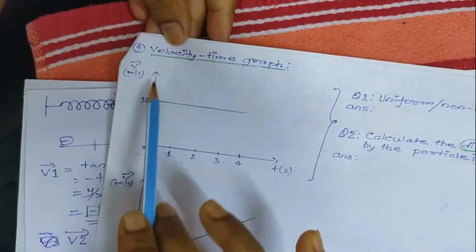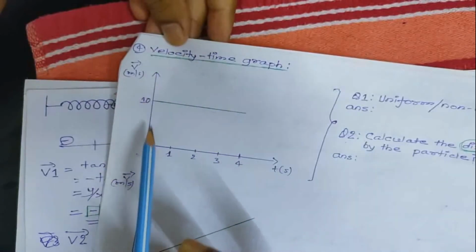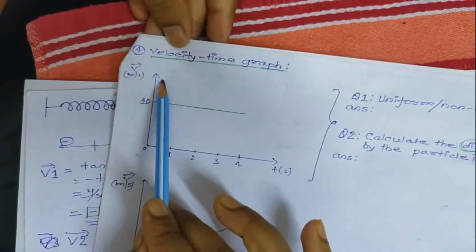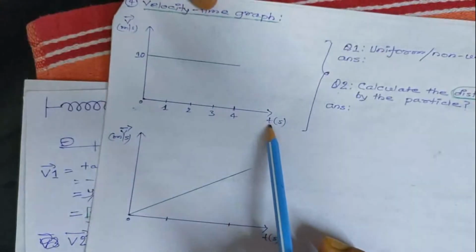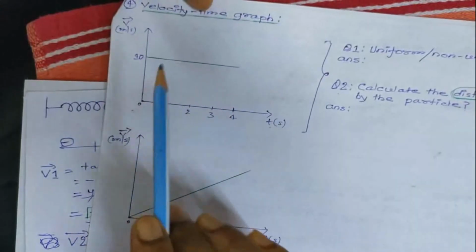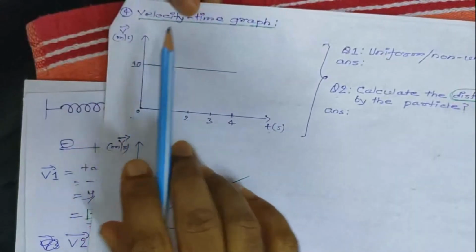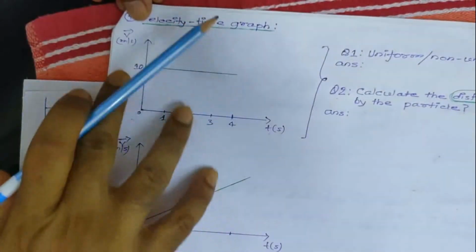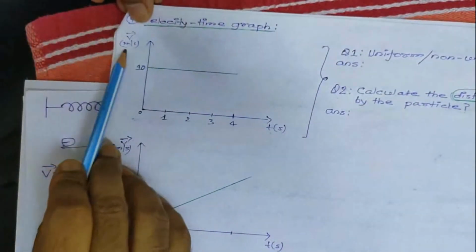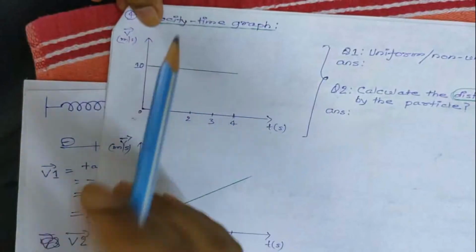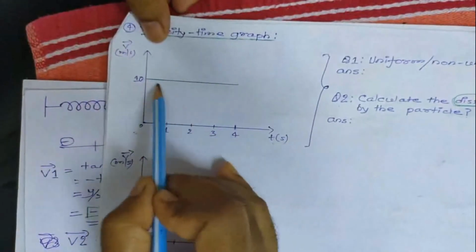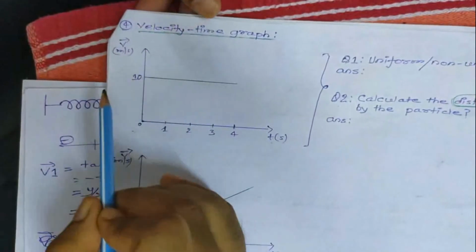Velocity has been taken along y-axis, time along x-axis. So in this graph we are showcasing the relationship between velocity and time. See, this is the graph. So what can you say about this?